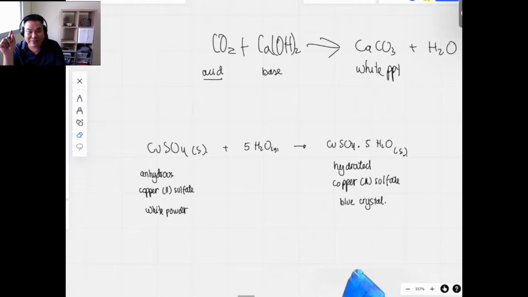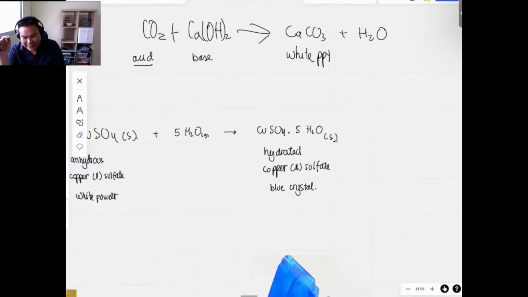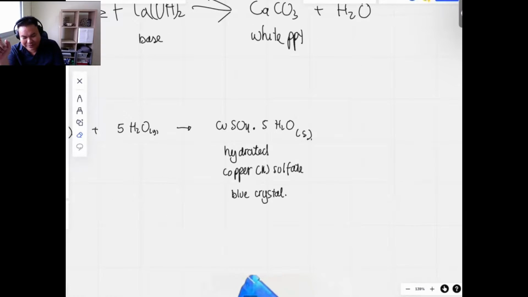It turns into blue crystal, hydrated copper sulfate, which means it contains water, 5H2O, forming crystals.